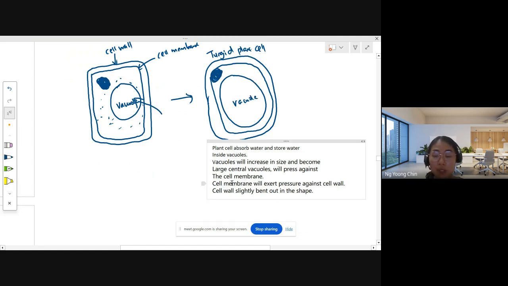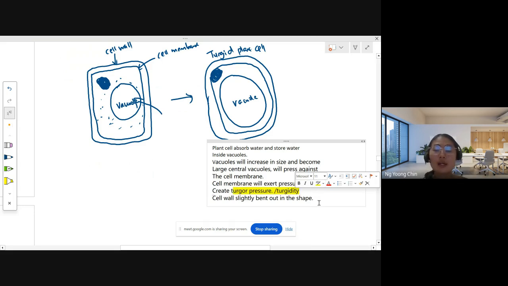When the cell membrane exerts pressure against the cell wall, it will create turgor pressure. We call it turgidity. Okay. Actually, what is meant by turgor pressure, this turgor pressure inside the plant cell?